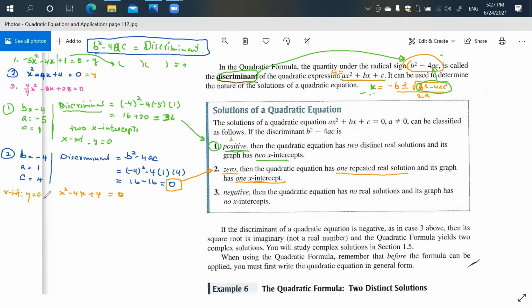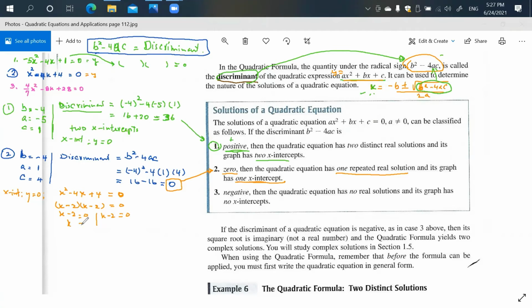So then you factor it. If you can factor, go ahead; otherwise, use the formula. So x minus 2, we have two factors: x minus 2 equals 0, and also x minus 2 equals 0.